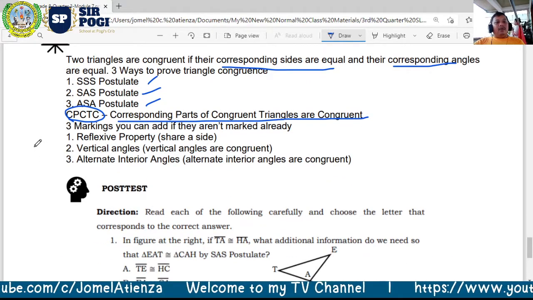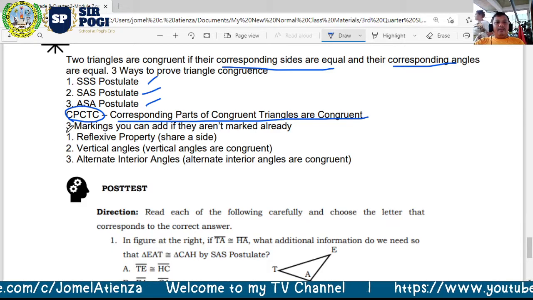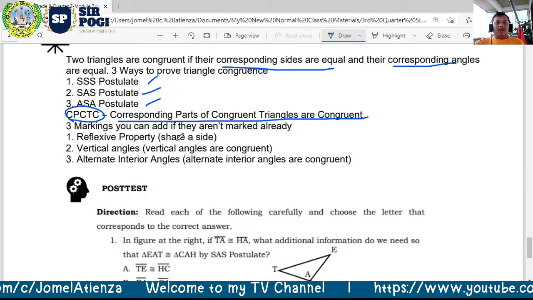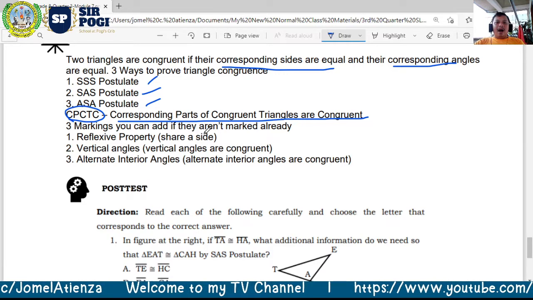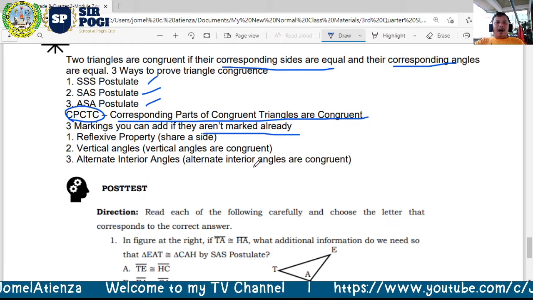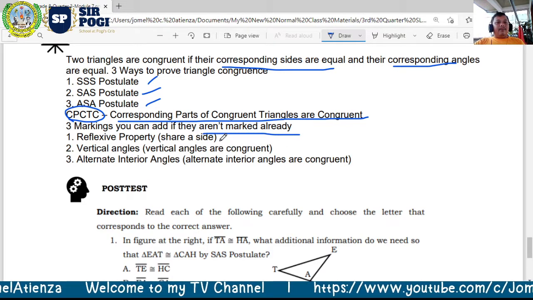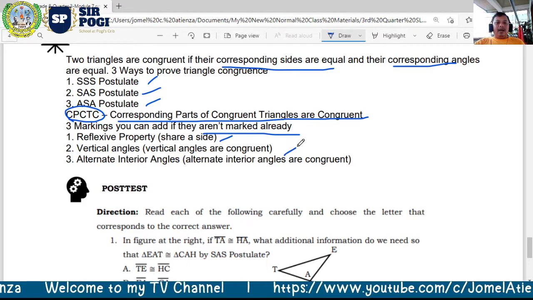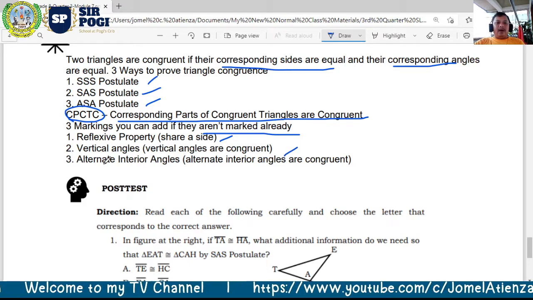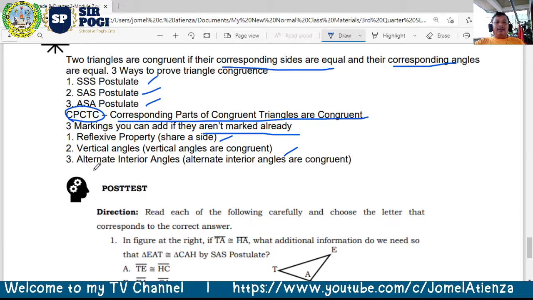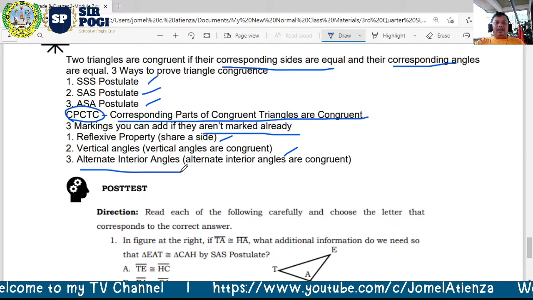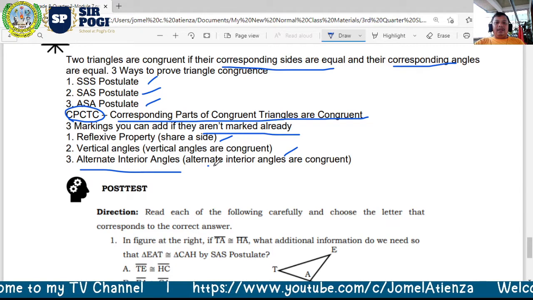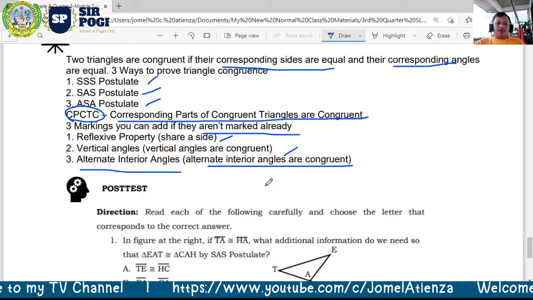And we are going to have three markings you can add if they aren't marked already: the reflexive property or the shared side, the vertical angles which are congruent, and the alternate interior angles. Okay, so they are also congruent.